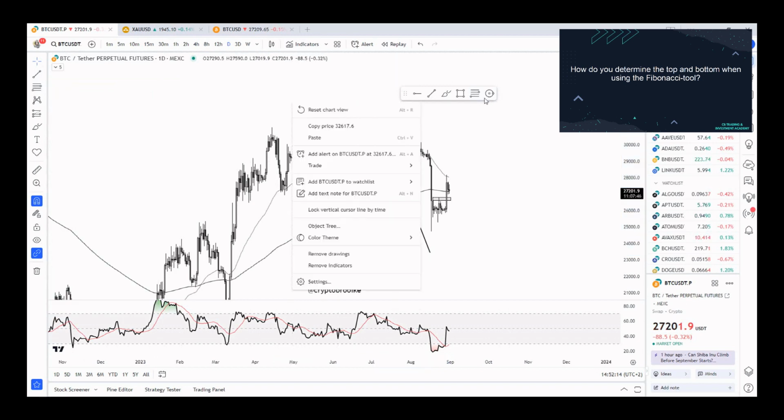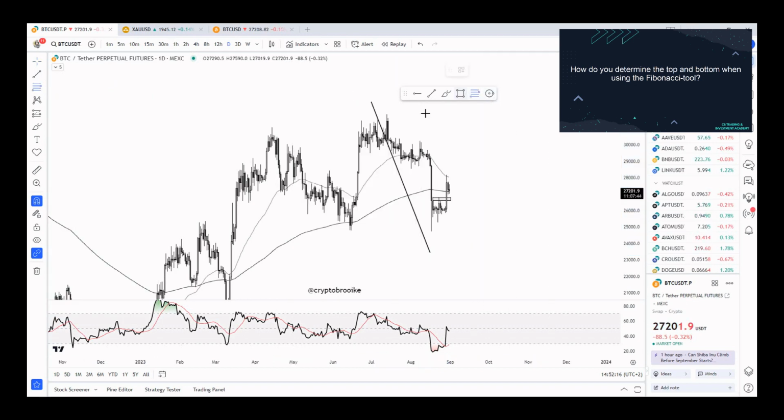You can use them two ways, but officially you would use the Fibonacci extension tool, but I use Fibonacci retracement for both because they give the same outcome. What you then do is, if you want to know if price bottomed out here and the top was here, you want to know where it can possibly retrace to, then you put your top at the highest high, and you put your bottom at the lowest low after the high.